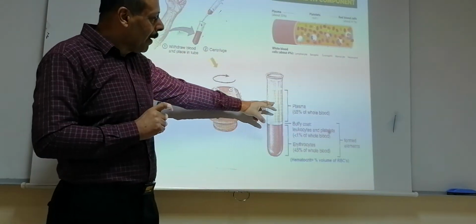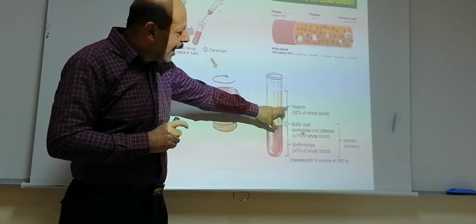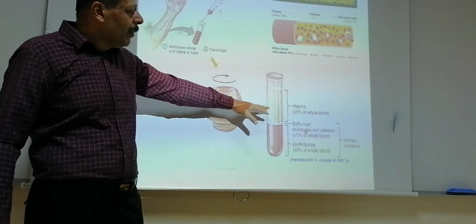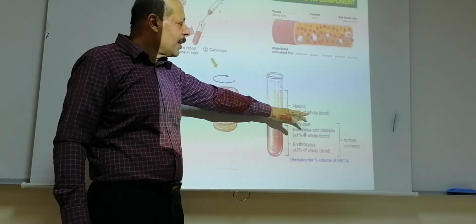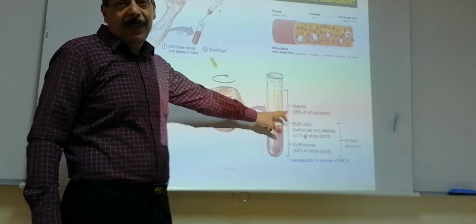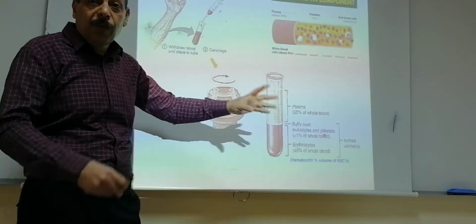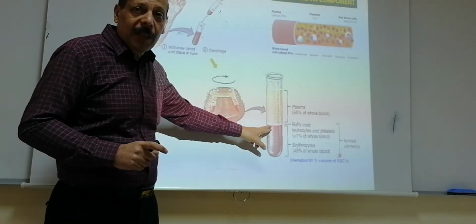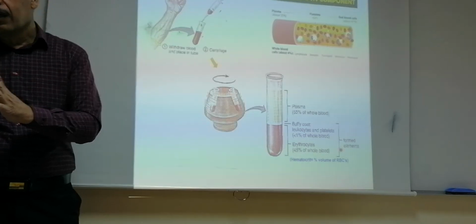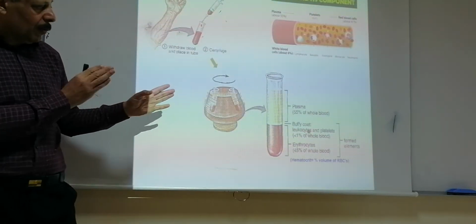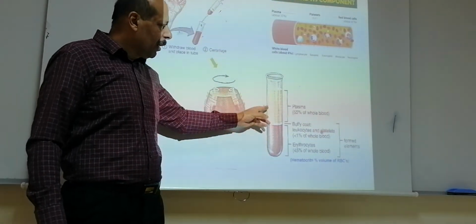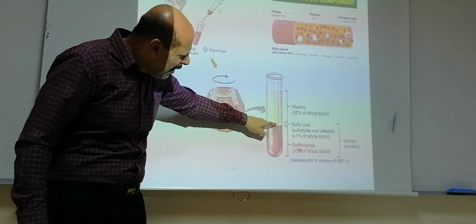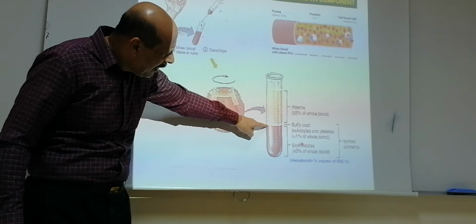You will see that around 55% of the blood is plasma, which is the fluid component of the blood. And then you will find a very thin buffy coat here.